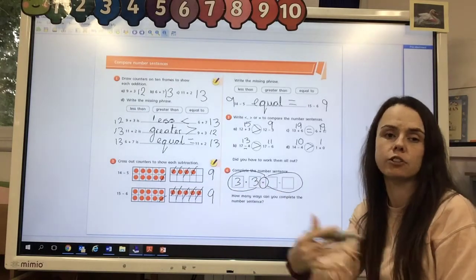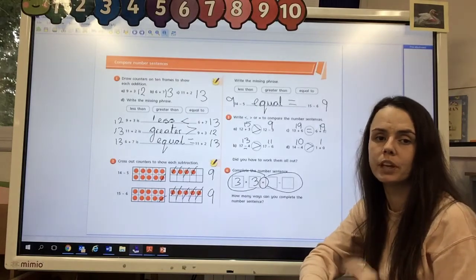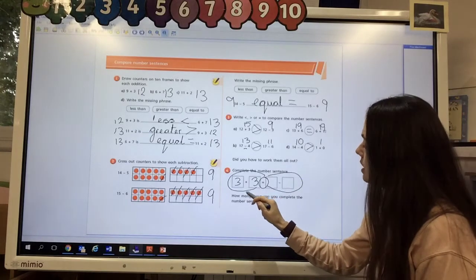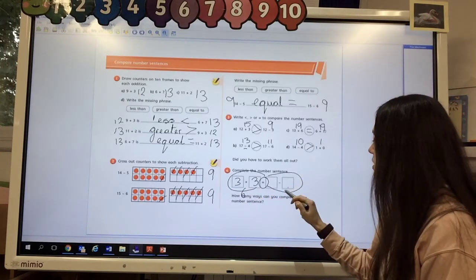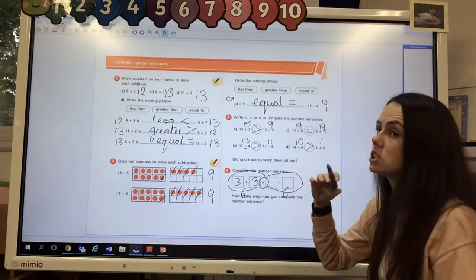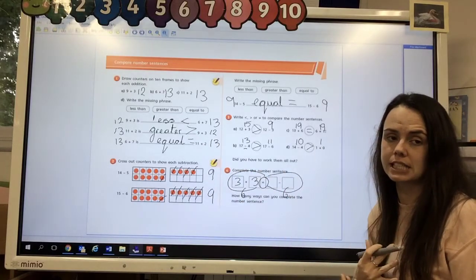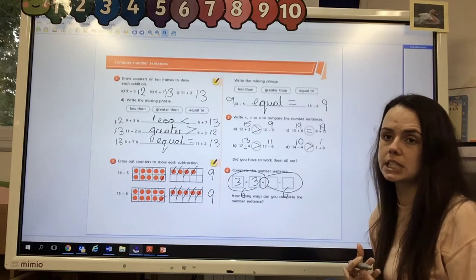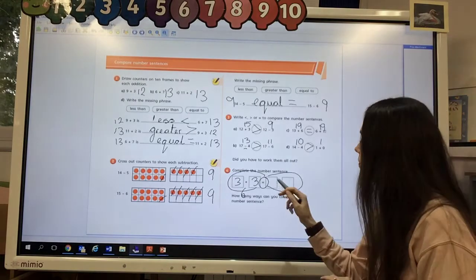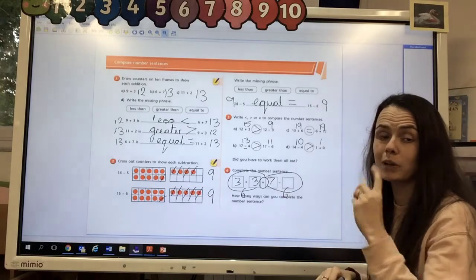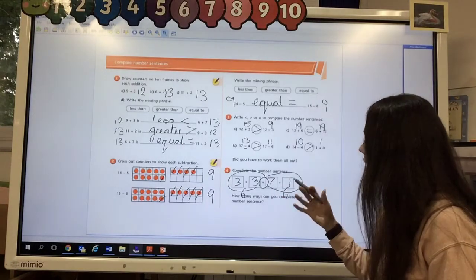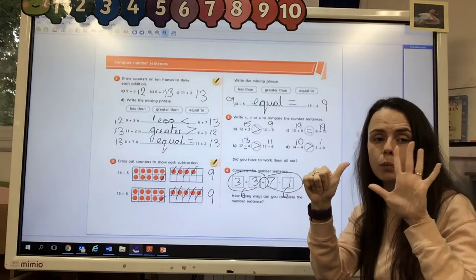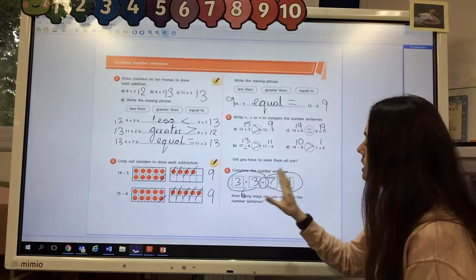What does 3 add 3 make? 3 add 3 makes 6. So 6 on this side needs to be 6 on this side. What can we start with, take away, and we'll get to 6? Well, if we start with 7, and we take away 1, that will make 6, because if we have 7 fingers and we take 1 away, that will make 6. And that's on both sides.